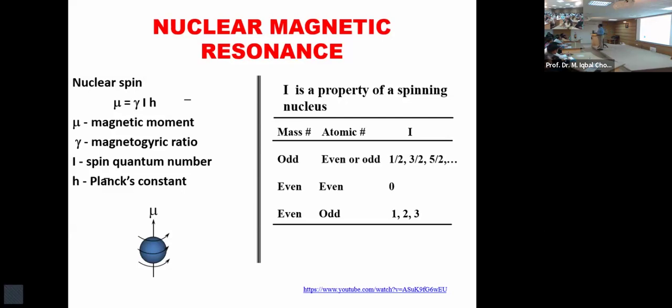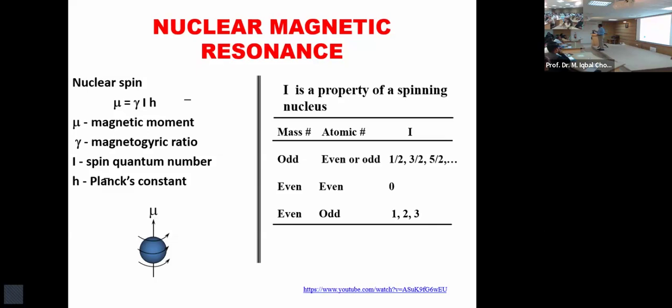This is what you study. Organic chemists, biochemists, they have a lot of interest in proton, carbon, to some extent oxygen, to some extent nitrogen. And carbon 12 is not NMR active. Everybody is very sad, you know.